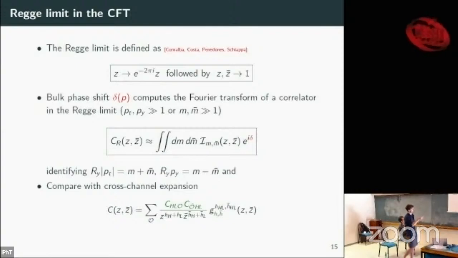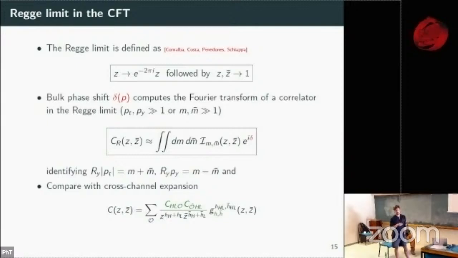Another example, which is relevant for the gravitational setup we have here, is the Regge limit. This is a highly Lorentzian configuration, and it's very different from the other limits in the sense that you first require some analytic continuation. We already have an analytic continuation in the sense that we're treating Z and Z bar as independent quantities, which is away from Euclidean.